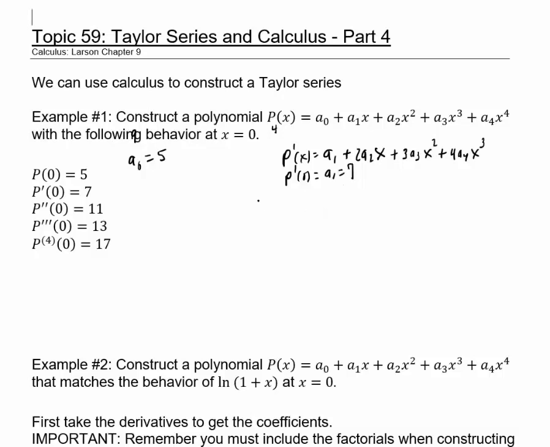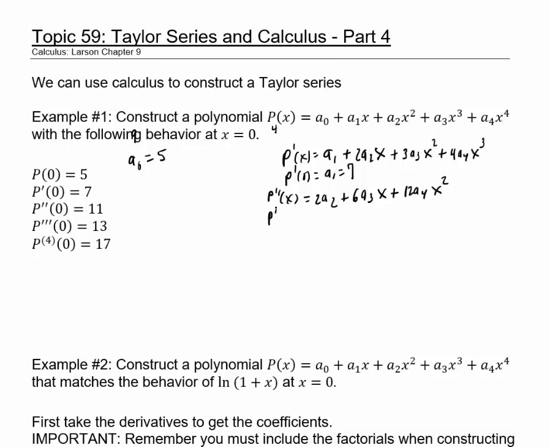Okay. Then I take the second derivative, which is just the derivative of the first derivative. The derivative of a1 is 0. The derivative of this would be 2a2, plus the derivative of this one, the 2 will come out front and give you 6a3x. And then the derivative of this one will be 12a4x squared.